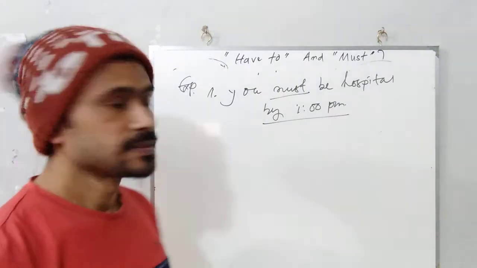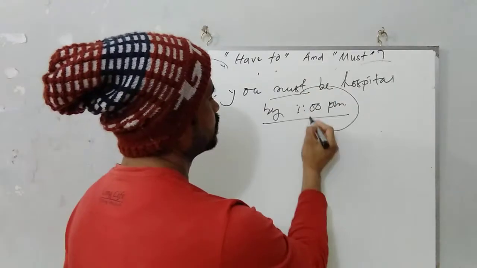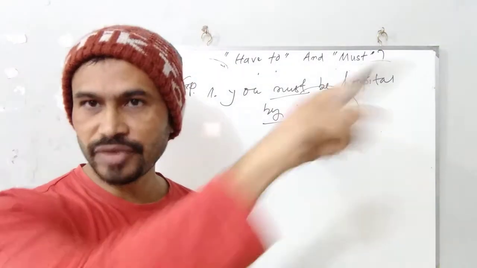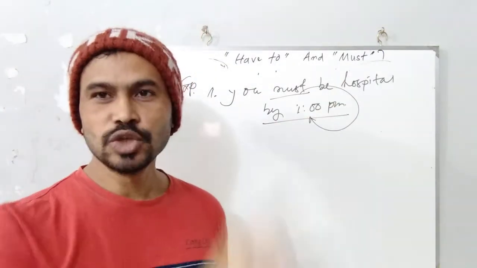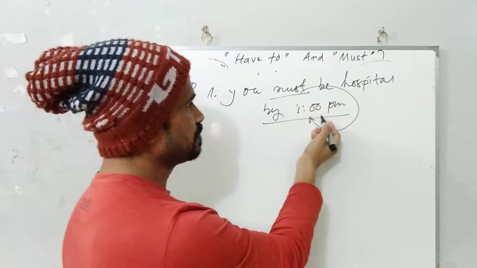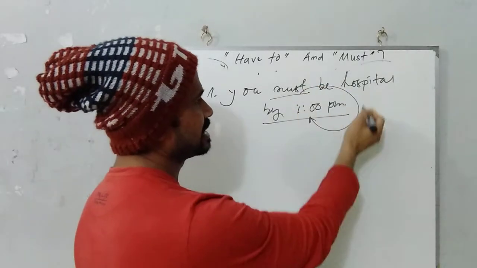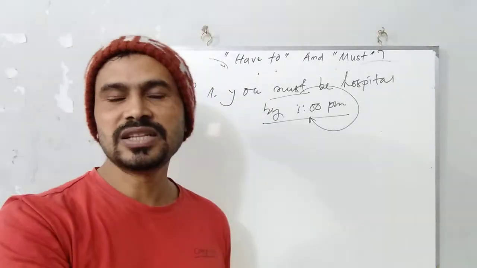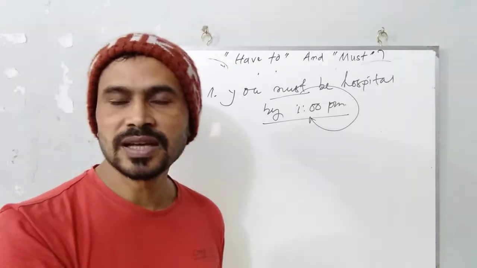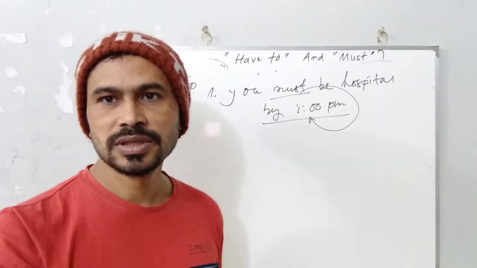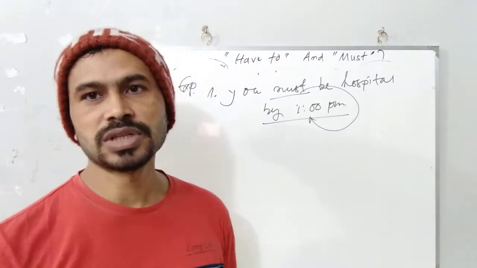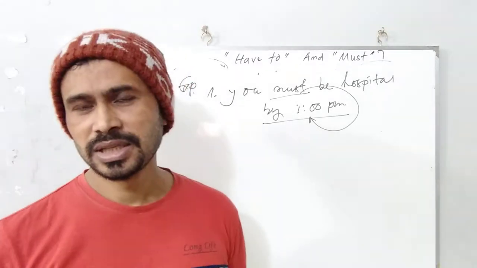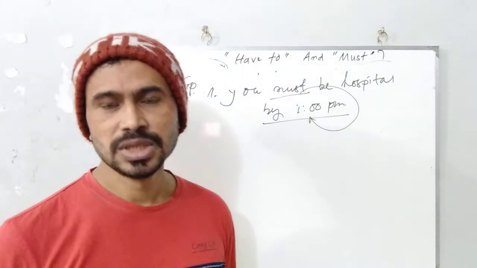Must emphasizes the time. By 1 p.m. you must reach. Okay, you must reach by 1 p.m. So must emphasizes the time. In this definite time, or in this certain time, you have to reach, or you have to go to the hospital. Okay, you must reach the hospital.